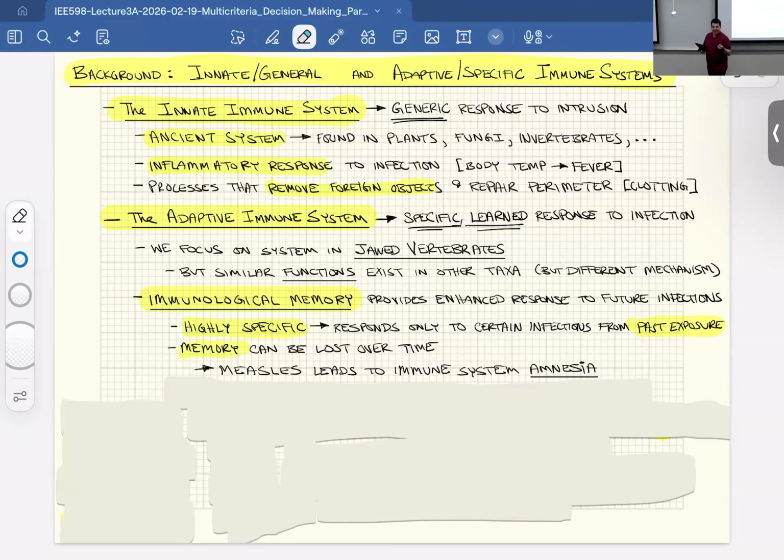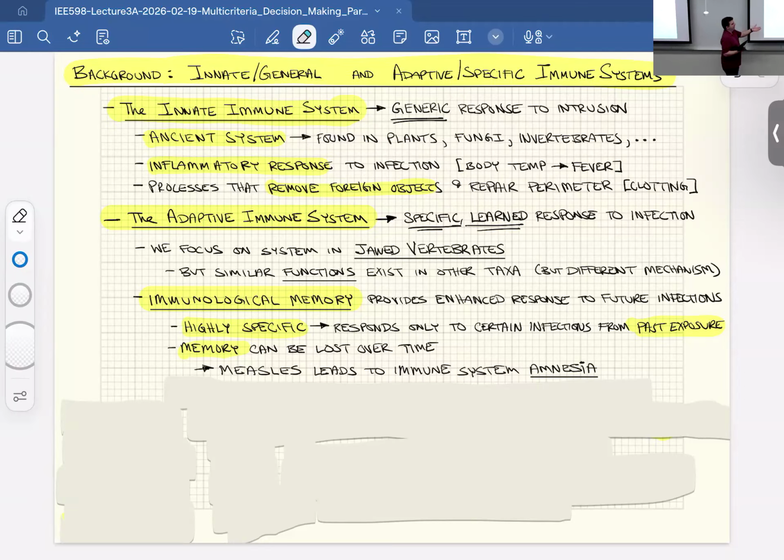And then there are these really interesting cases. So measles is in the news. I'm not bringing it up because it's in the news. It's always in the notes here. But measles is this really weird case where once you develop an immunity to measles, in most cases, it erases the rest of your immunological memory of all the other things that you had a memory of.